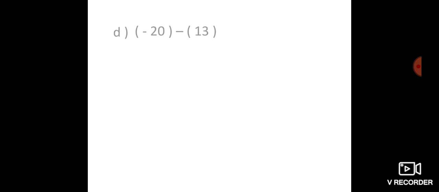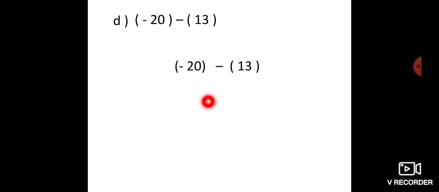Next, D question, minus 20 minus 13. 20 has a negative sign. 13 has a positive sign. This is subtraction, so we change the numbers. First number is written as itself, minus 20. No change. Next is subtraction, which changes to addition.